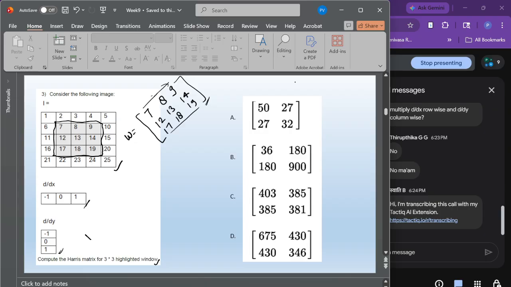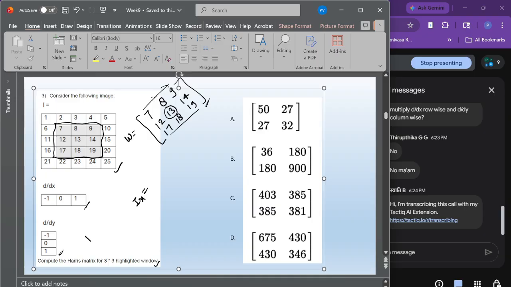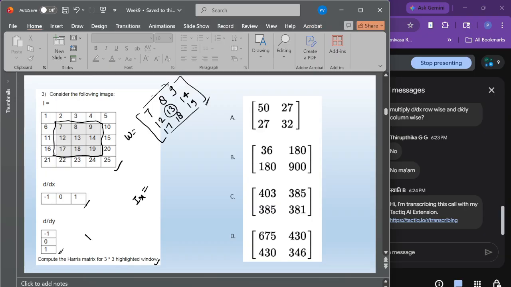For example, if we calculate for the center pixel, which is 13, we take the second row, column plus 1 minus column minus 1.